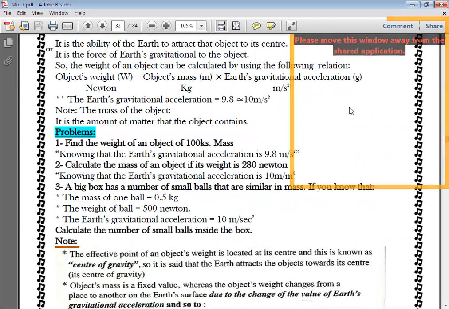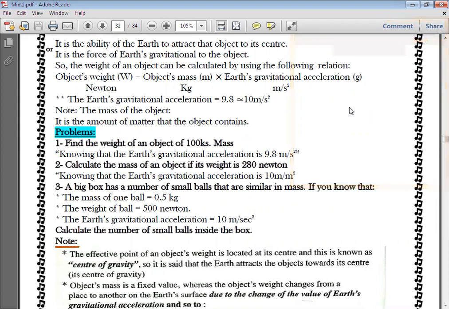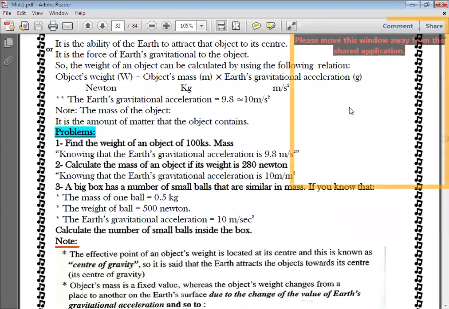A big box has a number of small balls that are similar in mass. If you know that the mass of one ball is 0.5 kilogram and the weight of all the balls is 500 Newton, calculate the number of small balls. Here, he needs me to calculate the number of balls in the box. To calculate the number of balls, we will take the weight of all balls divided by the weight of one ball.